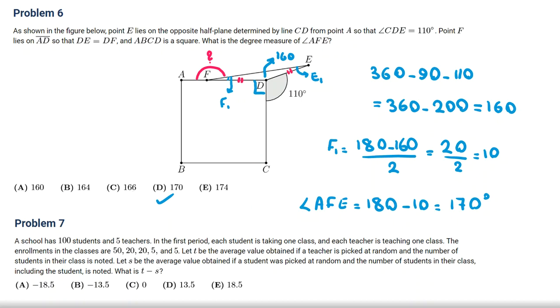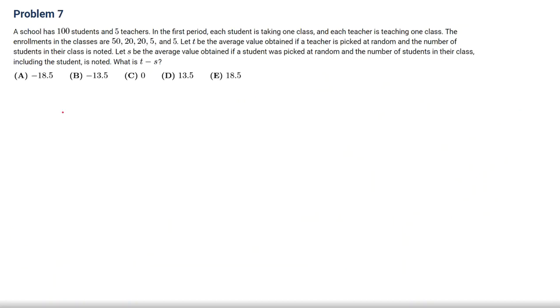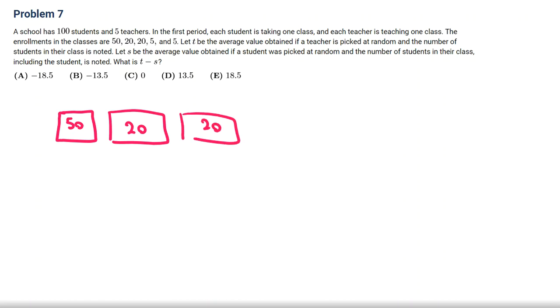So let me draw it. The first class 50, second class 20, third class 20, fourth class 5, fifth class 5. So the sum will be 100 students.